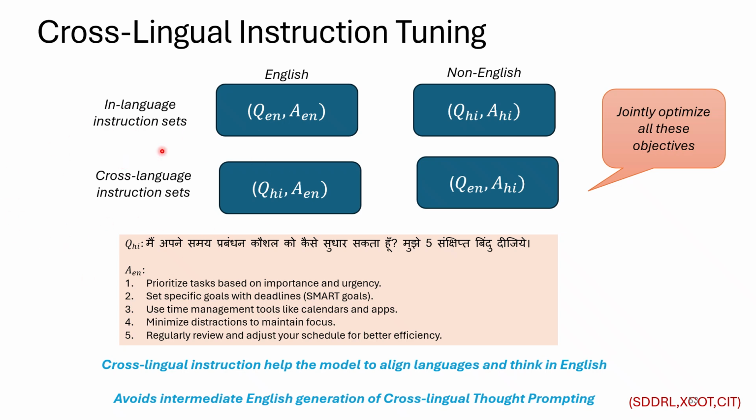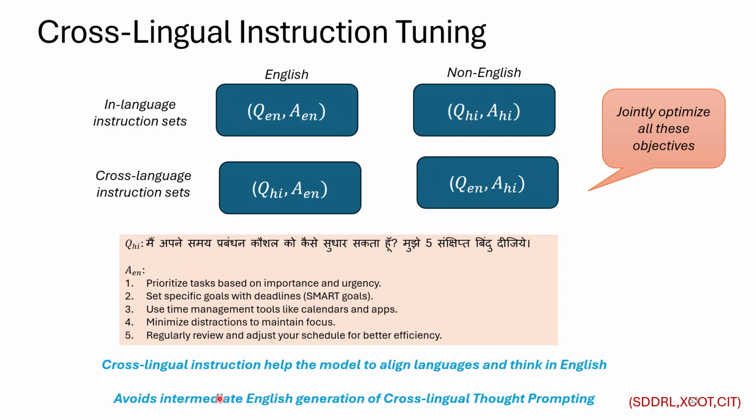Now, with this kind of cross-lingual instruction dataset, you can jointly optimize for all these tasks: English tasks, in-language tasks, and cross-lingual tasks. And that facilitates some cross-lingual alignment, and helps the model do better than if you are training only on language-specific data.